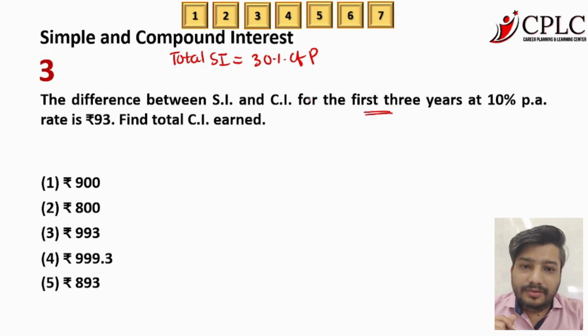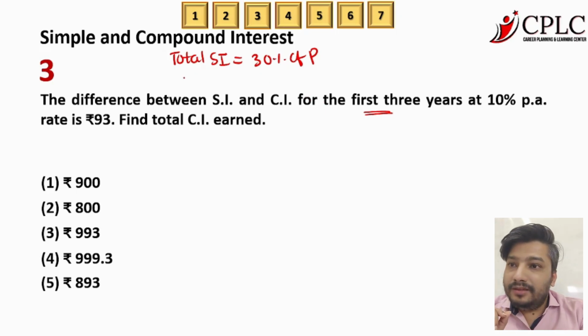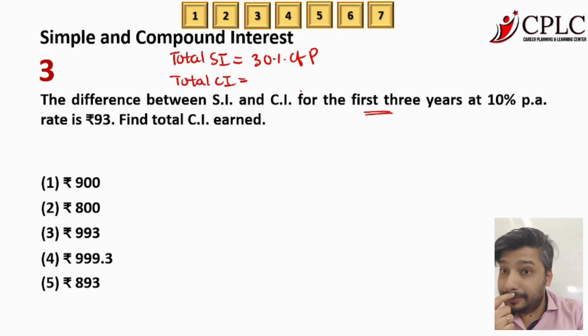So for 3 years it becomes 30%. Clearly you can understand that. But what about total compound interest? So clearly it cannot be 30.